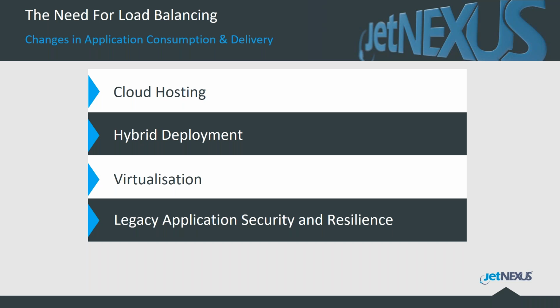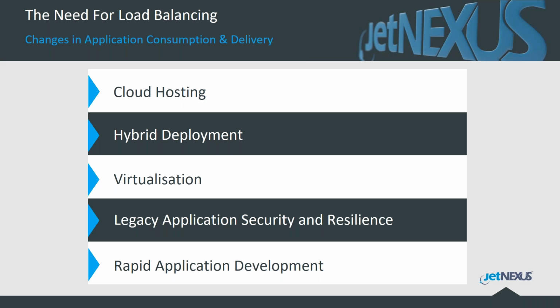You've got to take into account things like security, perhaps broadening out where those applications get used and consumed, perhaps not just within the enterprise but outside. So you may need to provide some security to access those, and some more resiliency and redundancy to those. So load balancing has got a place pretty much across the spectrum in terms of application deployment.